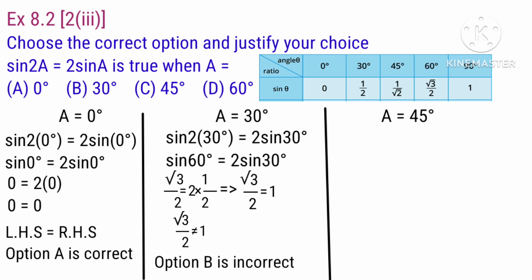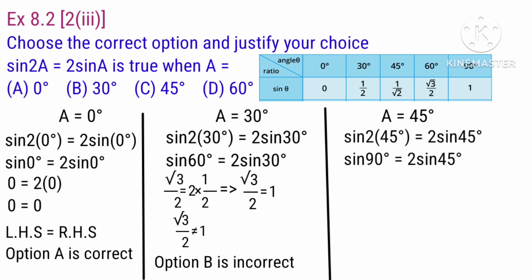So now we have to check option C. That is A is equal to 45 degree and we have to substitute in sin 2A is equal to 2 sin A. So we'll get sin 2 into 45 degree is equal to 2 sin 45 degree. So 2 into 45 is 90. So we'll get sin 90 degree is equal to 2 into sin 45 degree. So sin 45 degree's value is 1 by square root of 2 and sin 90 degree's value is 1. So after we substitute, we'll get 1 is equal to 2 into 1 by square root of 2.